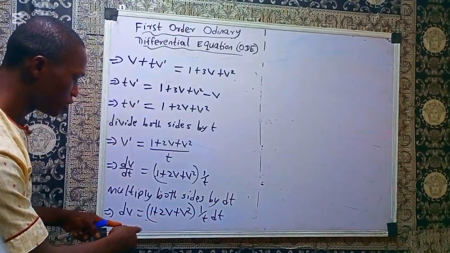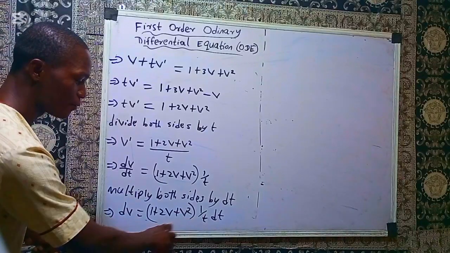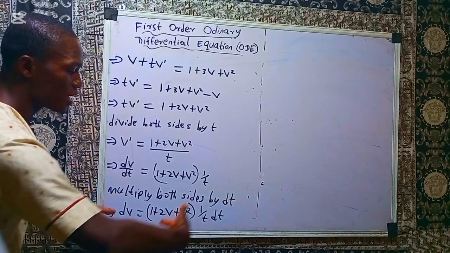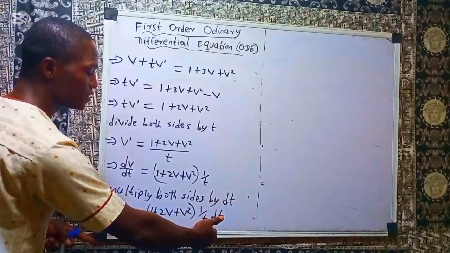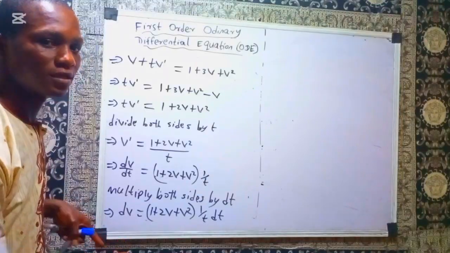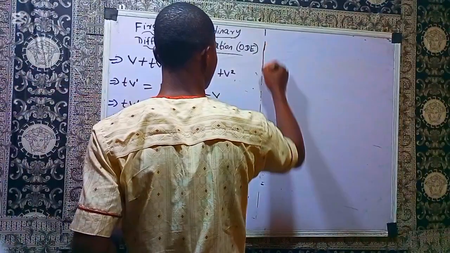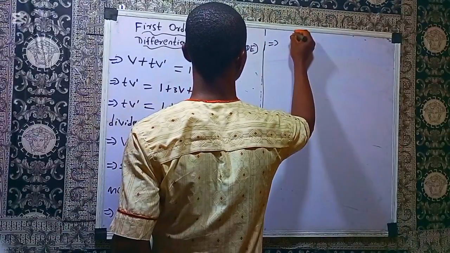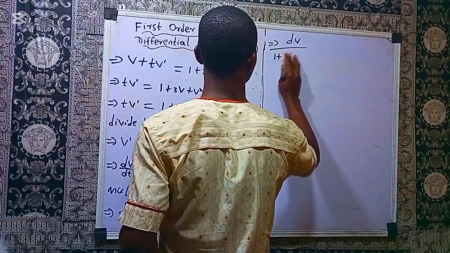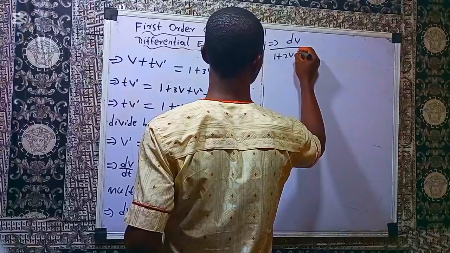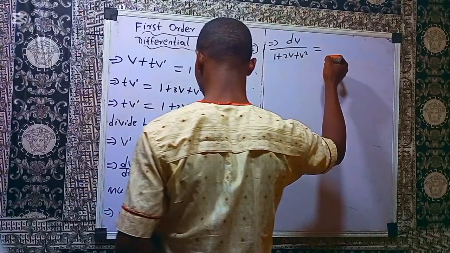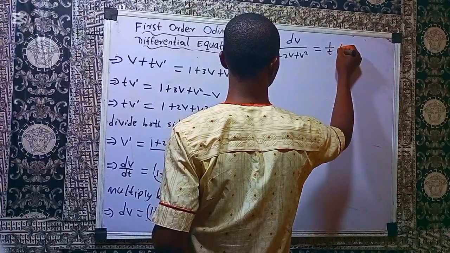The next thing is we want to separate this. So what do I do? I will divide both sides by this quantity here. If I divide both sides by this quantity, I will now have 1 over t dt at the right, and all the expression of v at the left hand side. So this implies dv divided by 1 plus 2v plus v squared is equal to 1 over t dt.